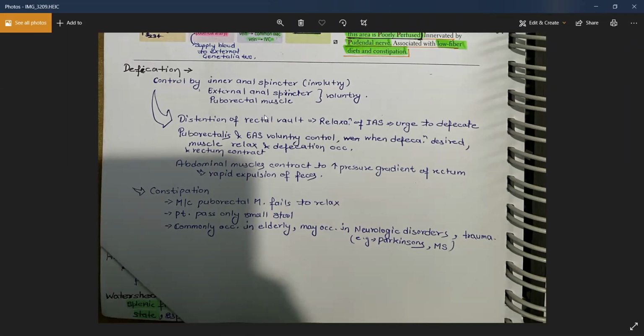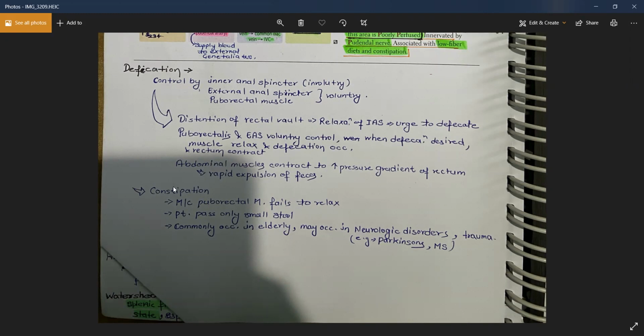These three muscles are a must, but the abdominal muscles are kind of doing more of their job above these three muscles. They will increase the pressure, causing the rapid expulsion of the feces.